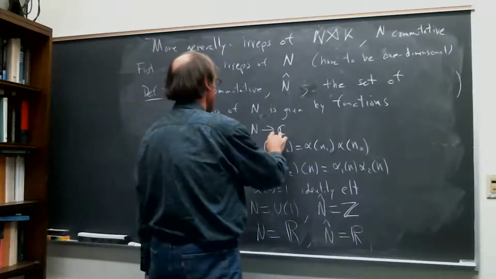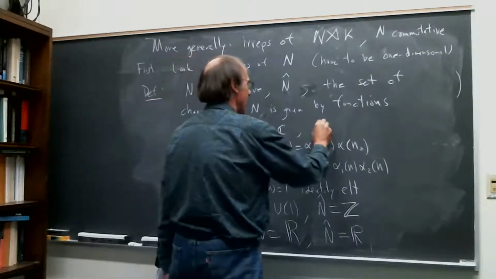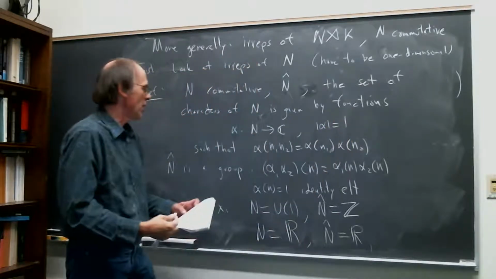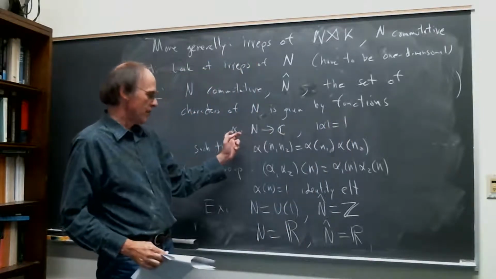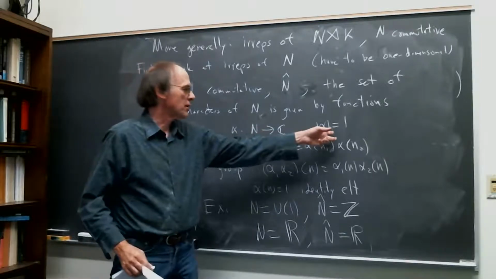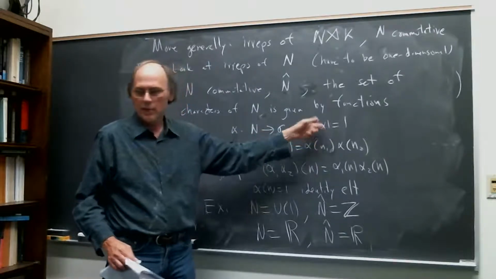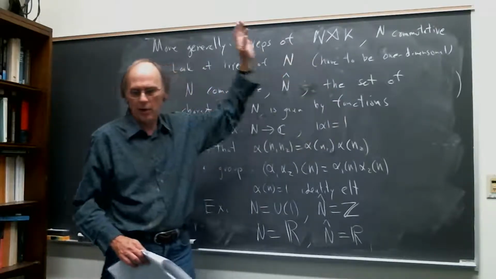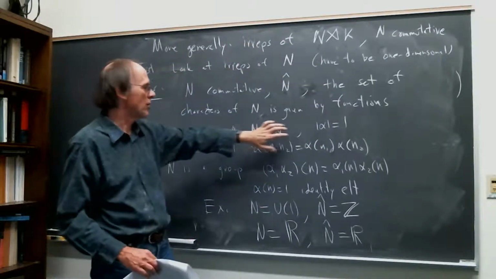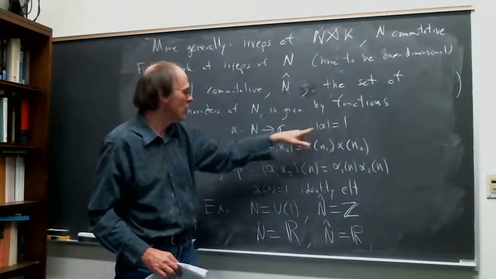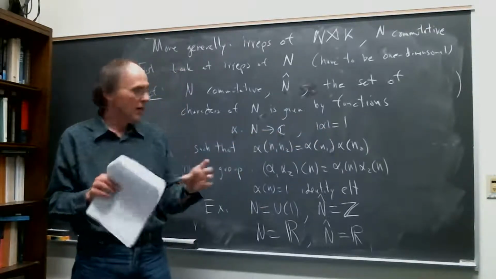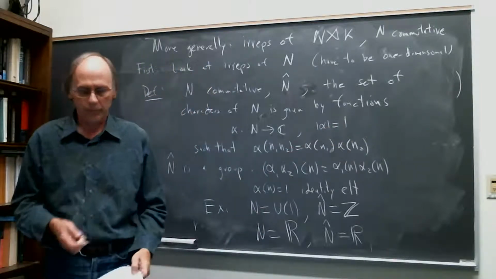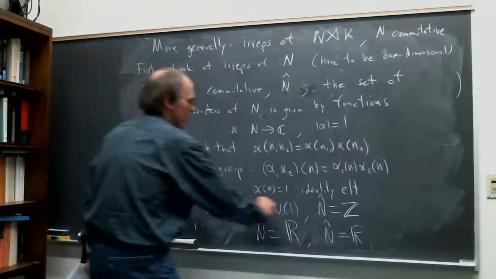So I don't want just arbitrary complex numbers. If I don't say this, I get arbitrary characters, but I want what are called unitary characters, ones where this function always has length 1. Okay, and then you have this.